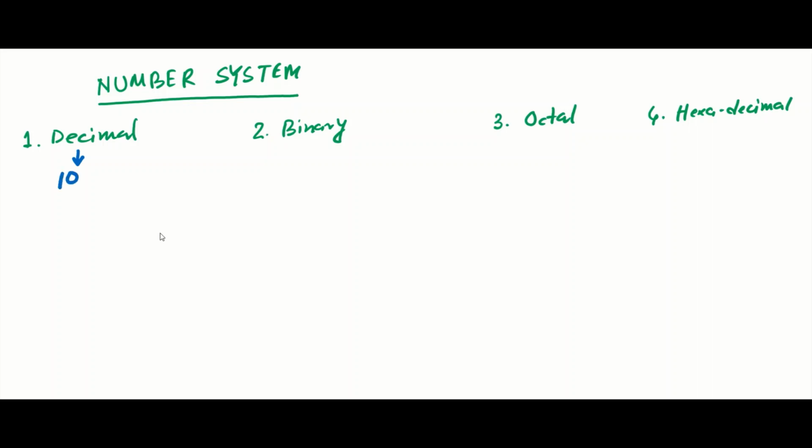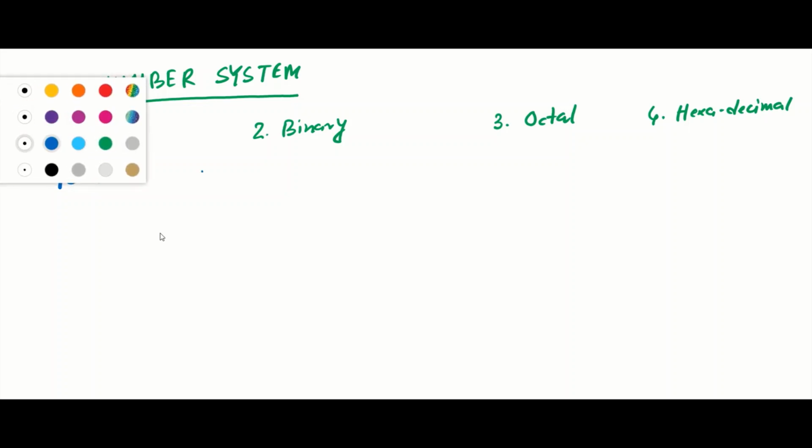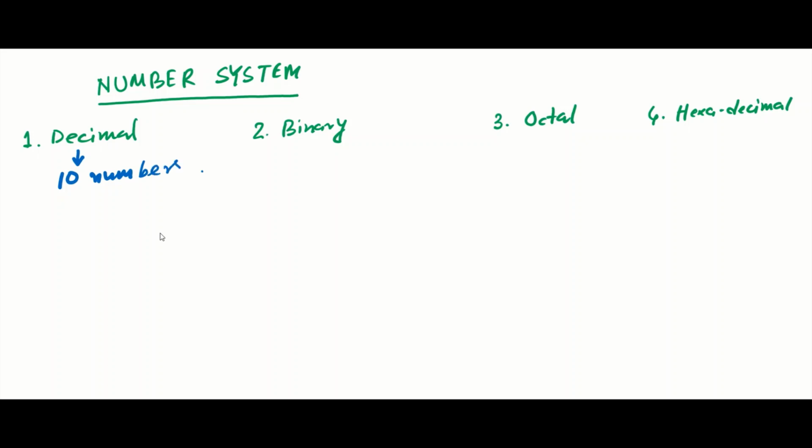We are all familiar with these: 0, 1, 2, 3, 4, 5, 6, 7, 8 and 9. So how many numbers are there? 10. That's why we call the base of the decimal number system base 10.